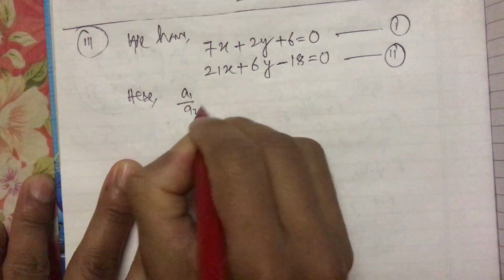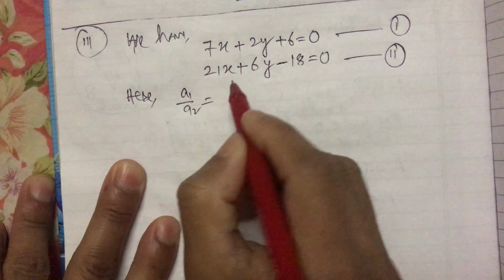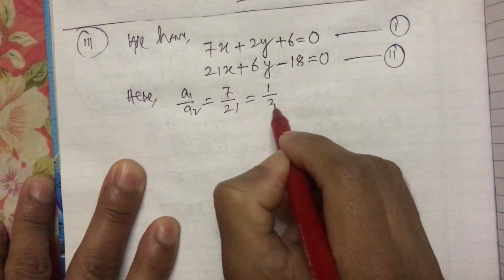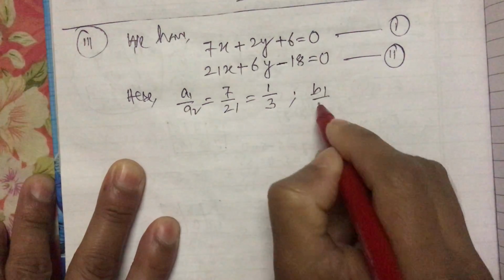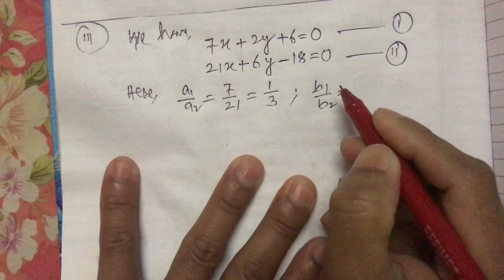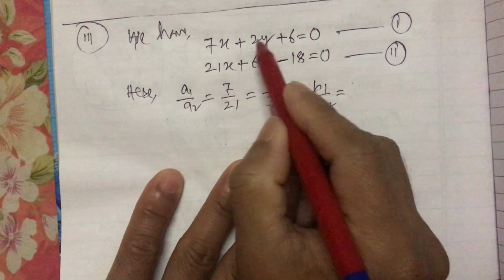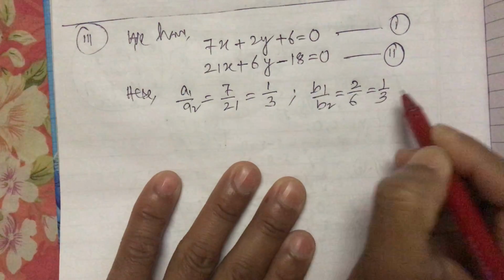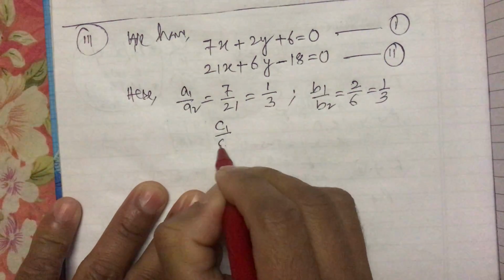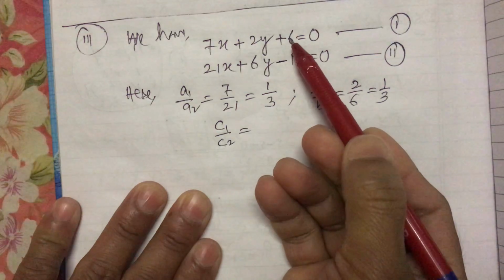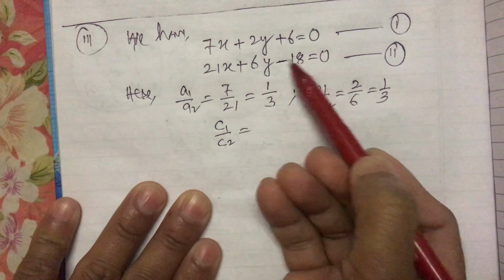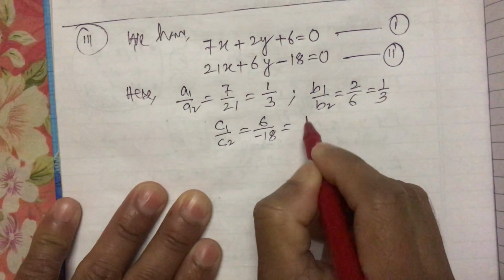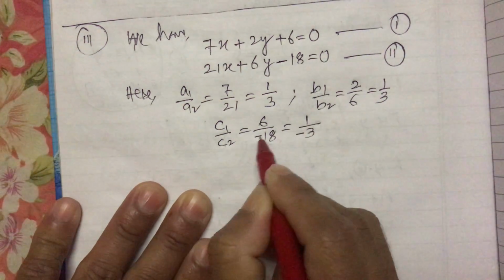Here a1 by a2, 7 by 21, we can cancel them. 7 1 time, 7 3 time. b1 by b2, this is 2 by 6, again I can cancel. Then c1 by c2, 6, and this is minus 18. Okay, sign, 6 by minus 18, this is 1 by 3 with minus sign.